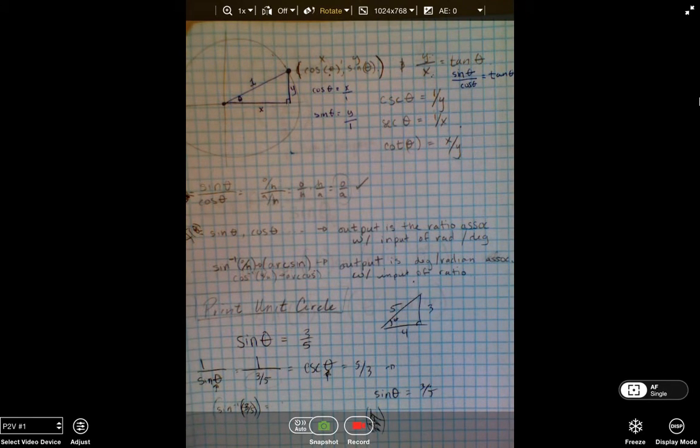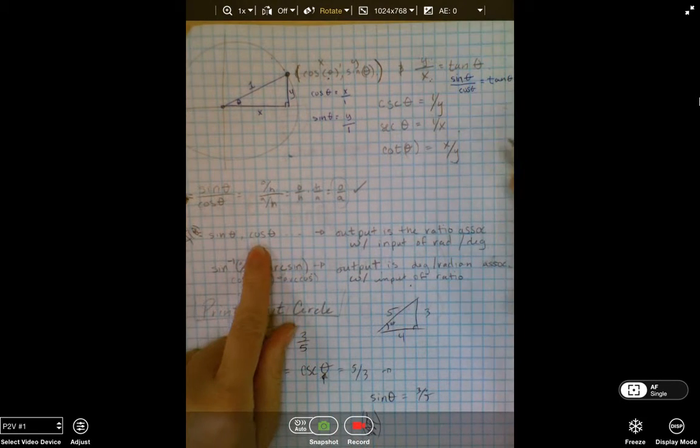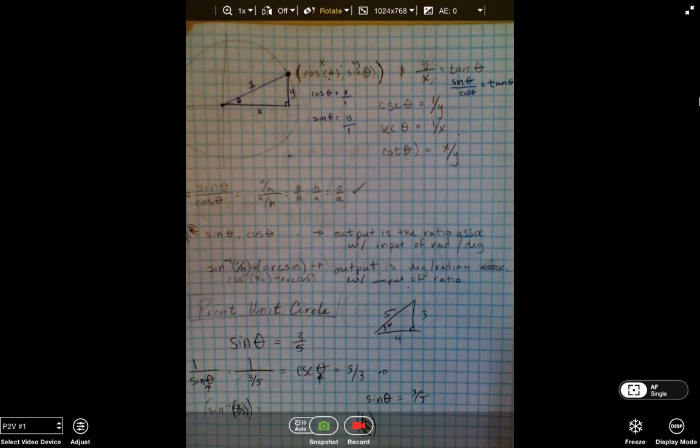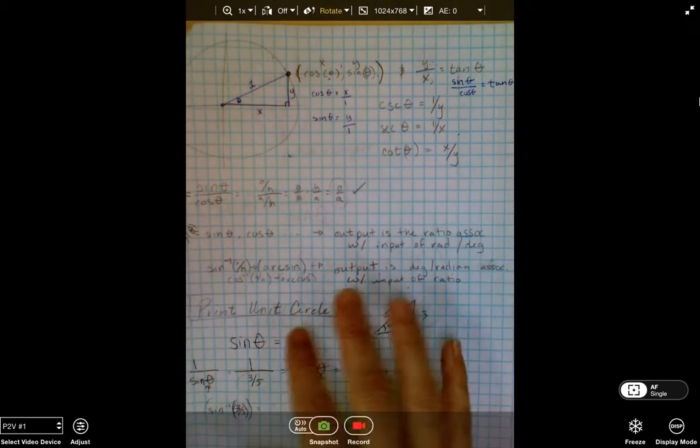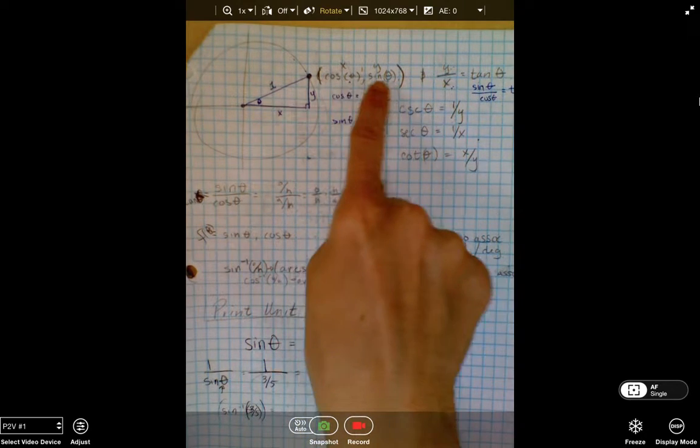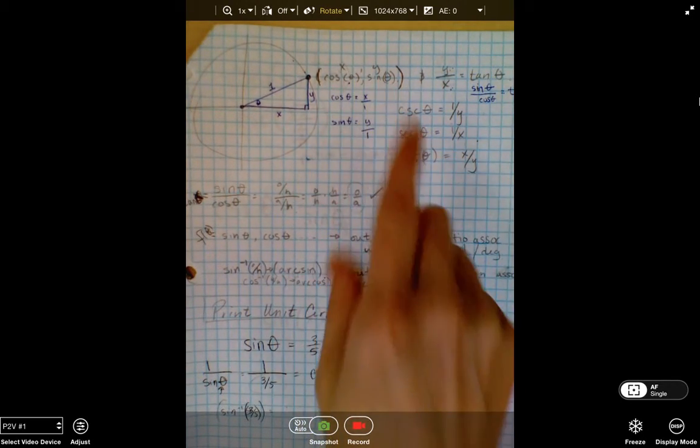Okay. Our other three definitions here are just going to be our reciprocal functions, that 1 over y, 1 over x, and x over y. So we can use the unit circle to easily find our other terms, but it really specifically highlights the x and the y, the cosine and the sine functions.